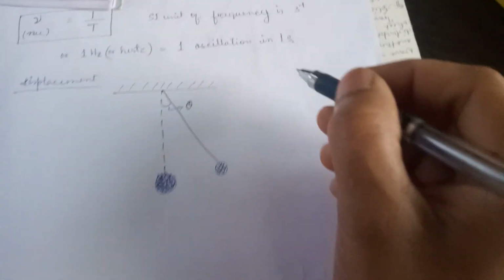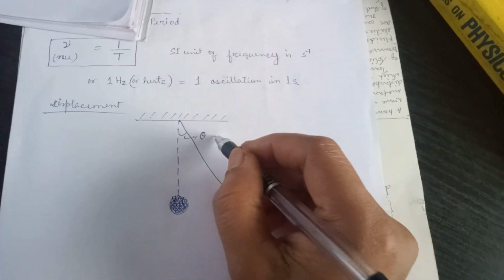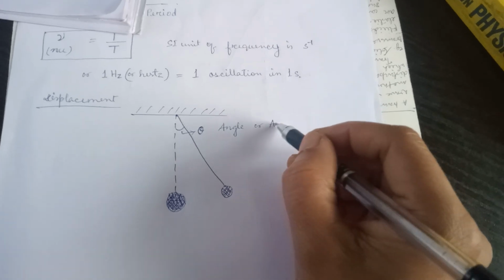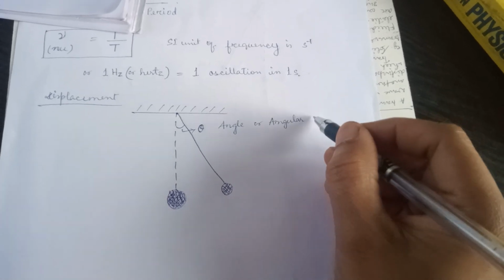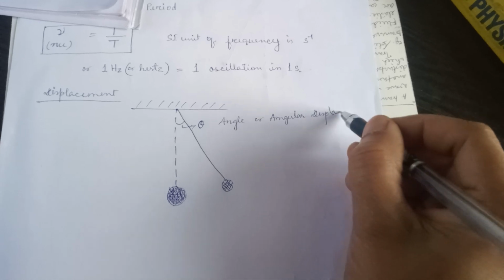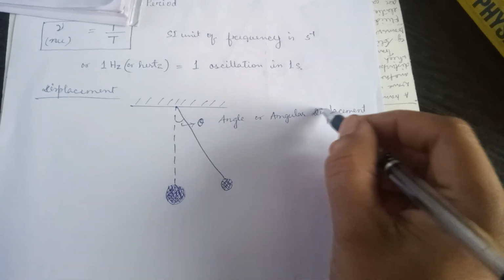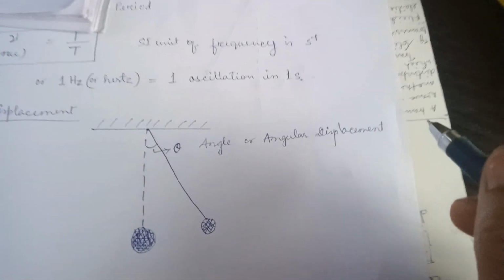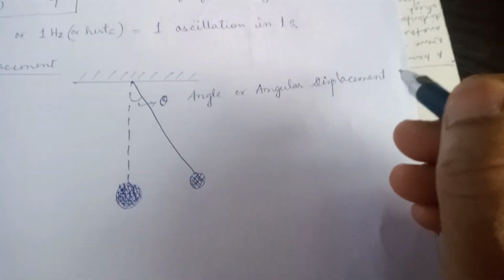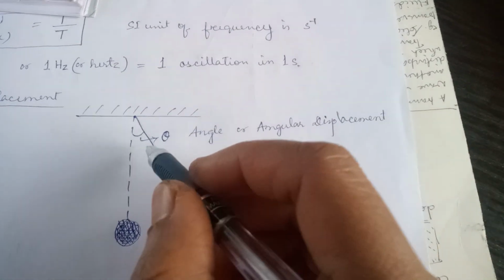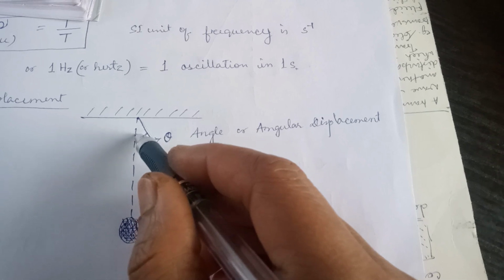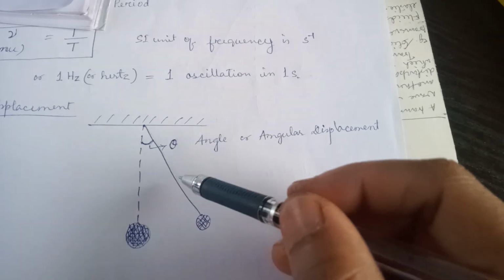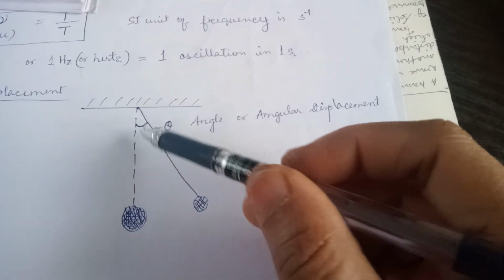This angle we can call angular displacement. We are using displacement in its most general form. Angular displacement is the value of the angle of the string of the bob or pendulum at different time intervals.